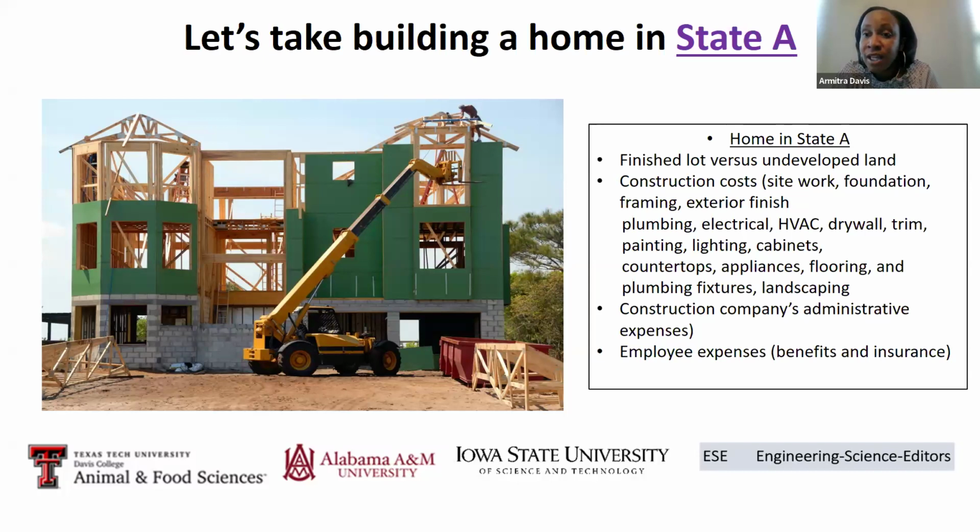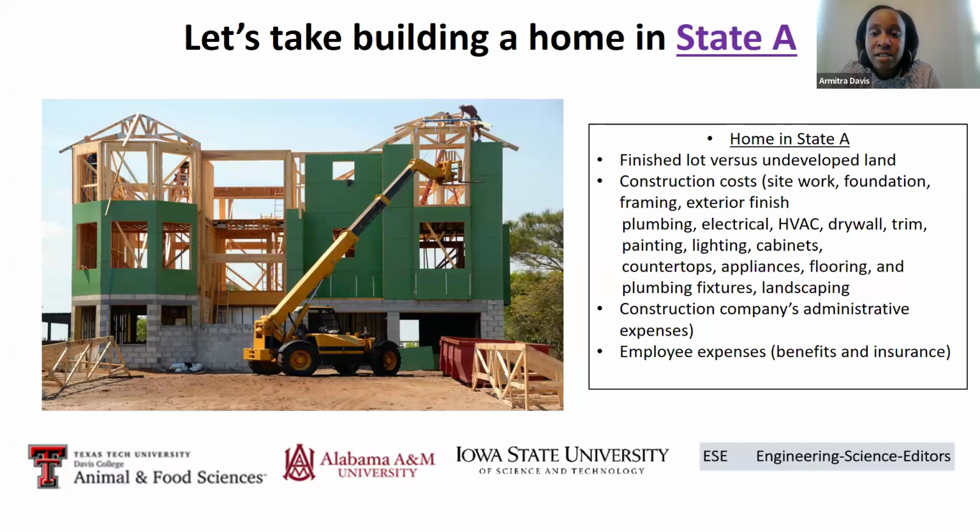One will cost more than the other. Of course, if you're dealing with undeveloped land, you can look to spend more money. And then we have to consider the construction costs. For example, the site work, the foundation, which is essential to building a home, and then the framing. And then we go to the exterior finish, and then the roof. You can see some of the other aspects there that must be considered: cabinets, countertops, appliances, landscaping.